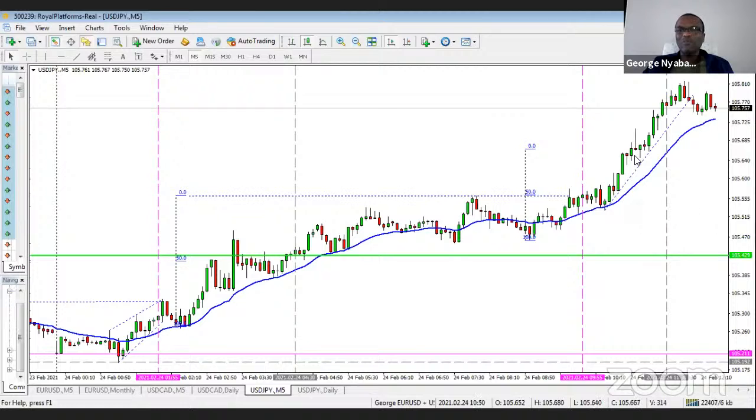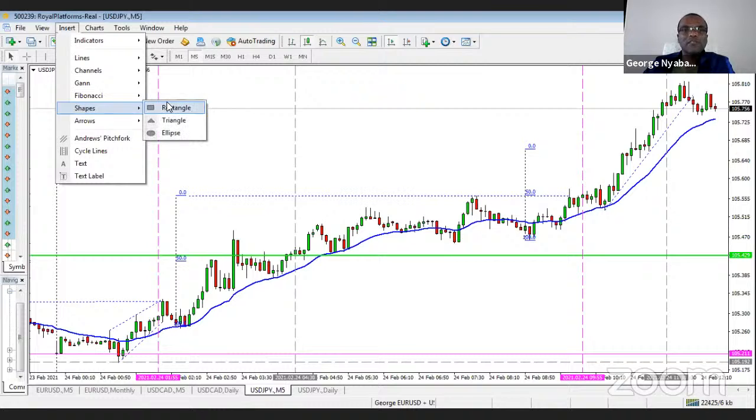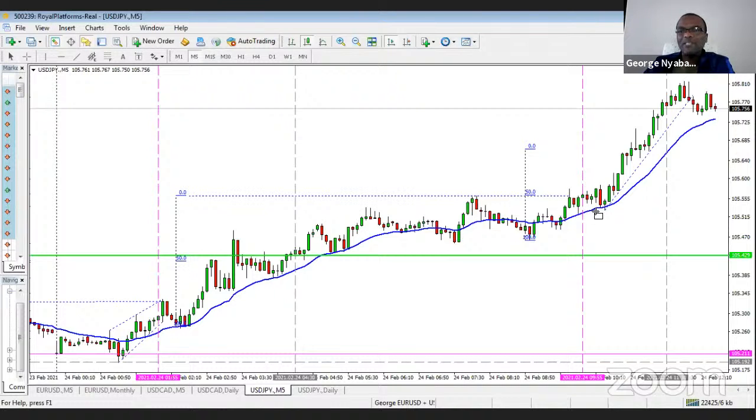Why is it a small pullback? Because there are no credible pullbacks to the moving average where you can say, okay, hang on, I see that two-legged pullback to the moving average, it's tested the moving average, it's tested the breakout point, let me take the trade. Now, could you trade this? You could. The only way you could trade this is if you put your stop in the correct place.